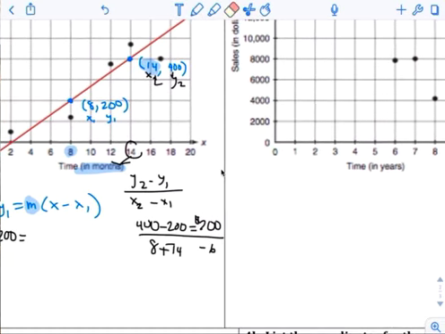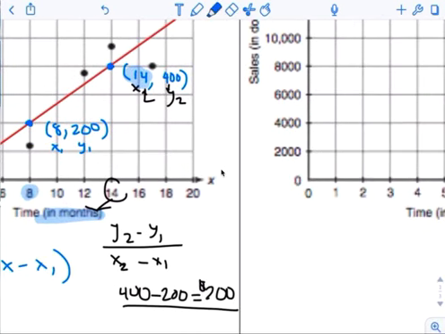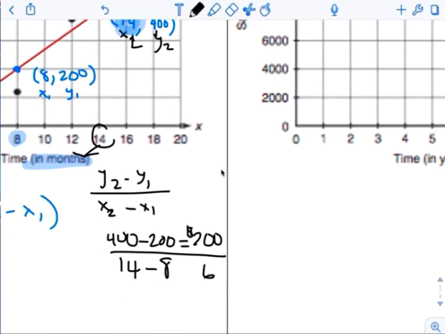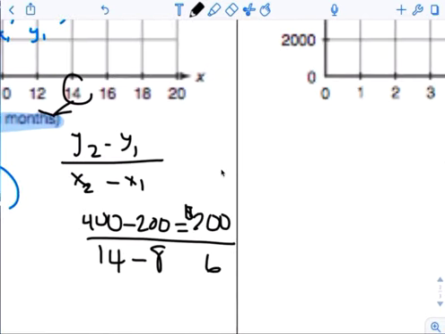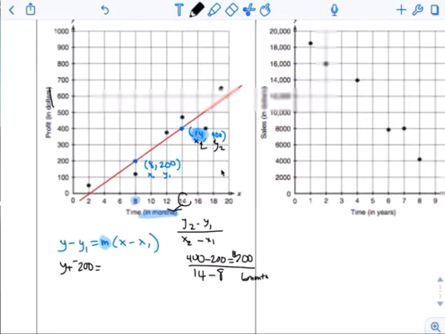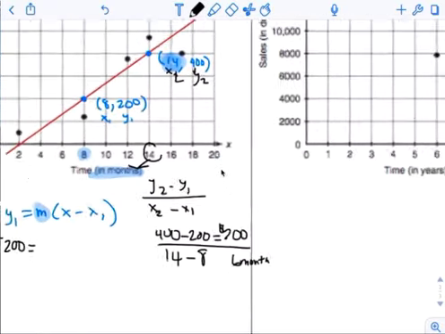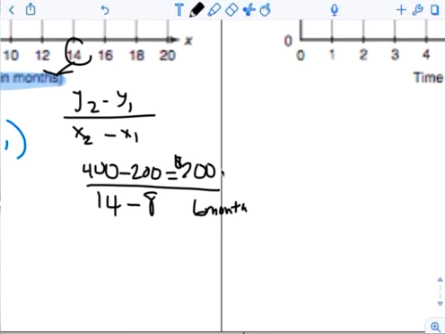Oops, that does not make sense. You can't have negative. So x sub 2 is 14 minus the 8 months, x sub 1, you get 6 months. So basically, $200 every 6 months. You profit $200 every 6 months.